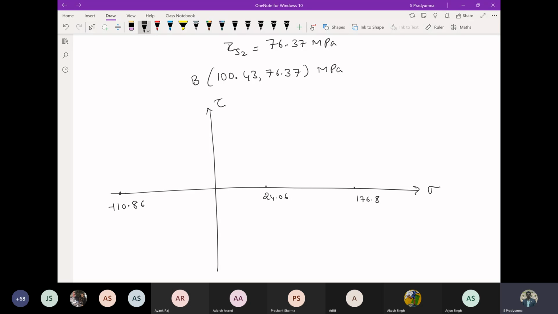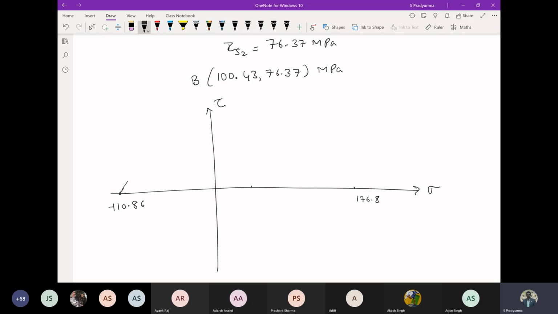So I get three circles like this. I put this point somewhere here. So I can draw the three circles like this.